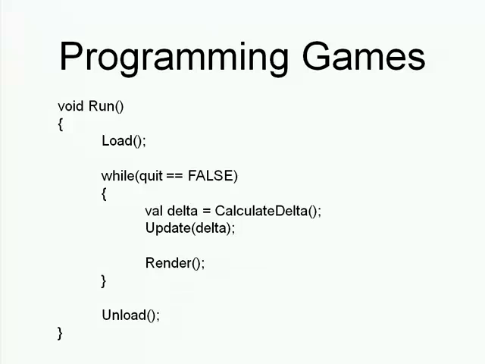Now, there's one other concept here, which is the delta time. When you're going from one frame of the game to the next frame, and say you've got a guy doing a running animation, you need to figure out how far his arm needs to move in this frame.